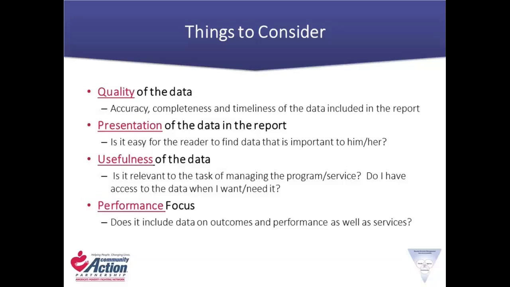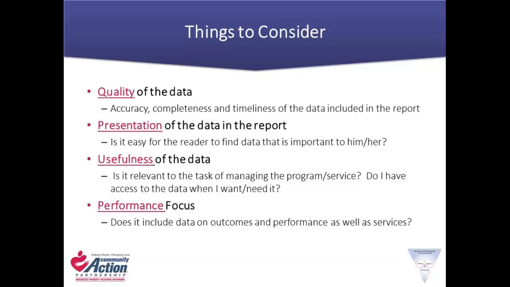So these 4 different items on the screen, we have our quality of data that's important to consider. So this is looking at, again, what we talked about, the accuracy, completeness, timeliness of the data that's included in the reports. Then also the presentation of the data in the report. So is it easy to read? Does it have visual elements? Can people find the data that they're looking for?